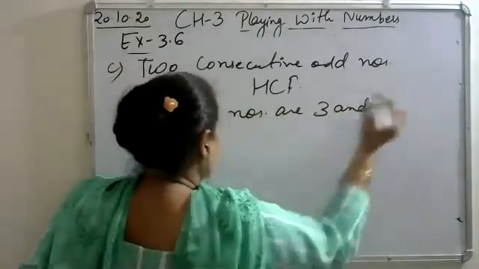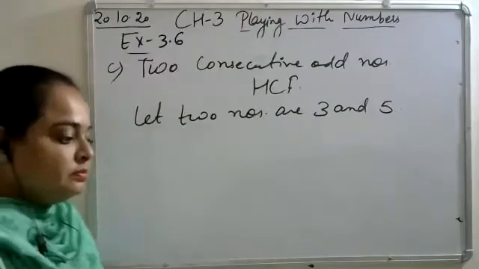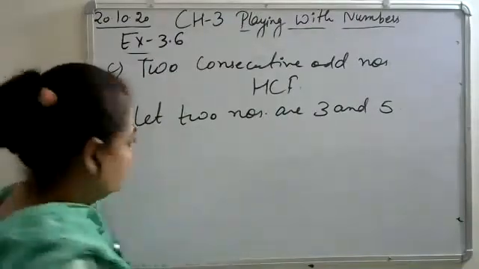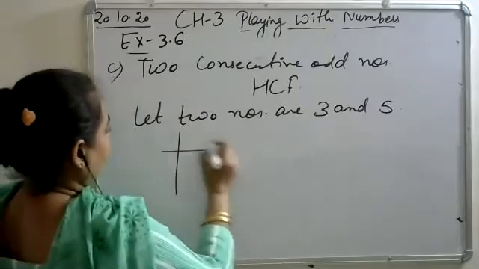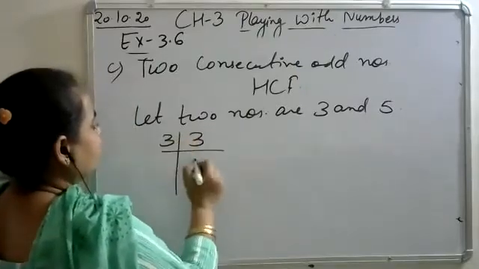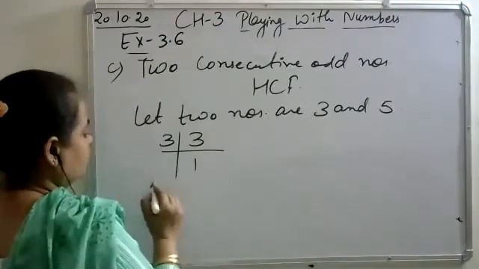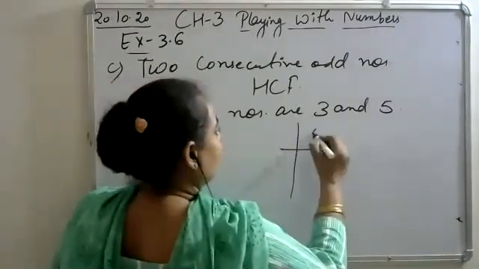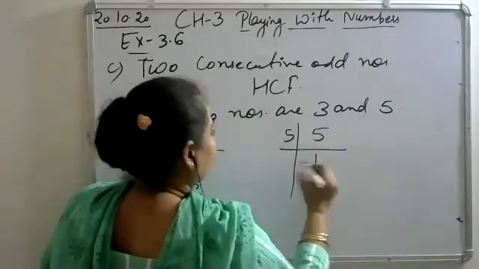Then I found their prime factors by prime factorization. Very good. The prime factorization of 3 is 3, and the prime factorization of 5 is 5.